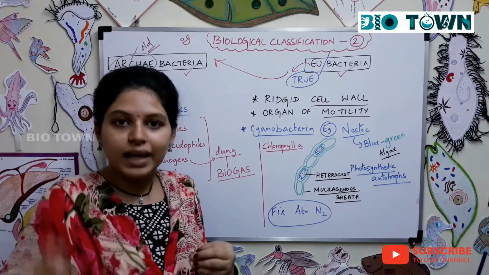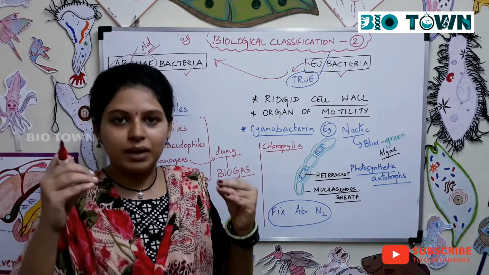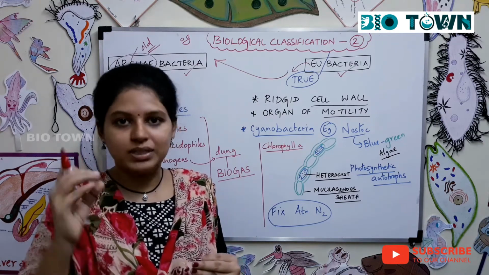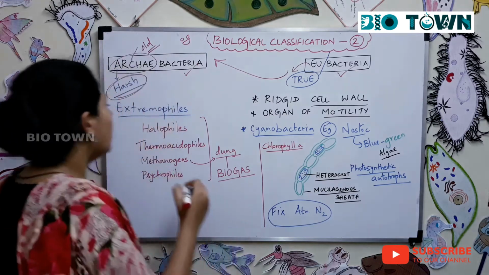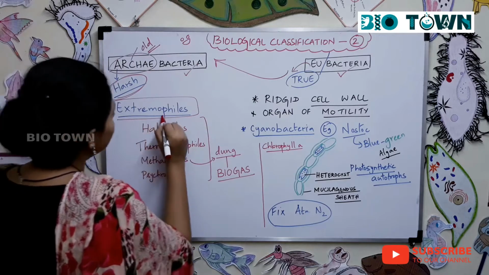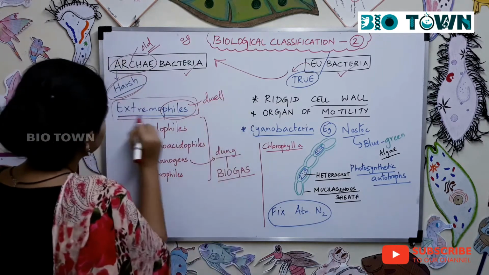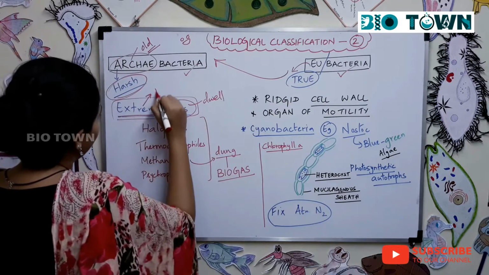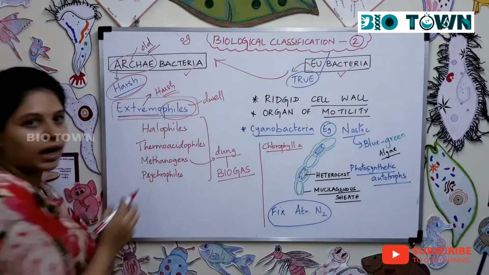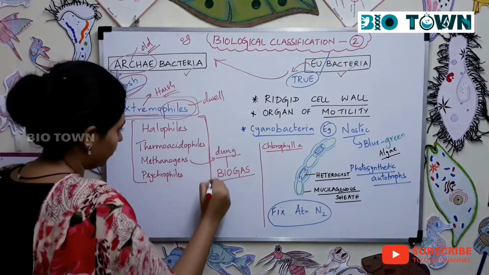In these areas, these bacteria have the hardest cell layer, which makes them survive and metabolize even in such adverse conditions. Now you call these bacteria extremophiles. Phile means to dwell, and extremophiles live in harsh, extreme conditions, right? And now we'll see four important extremophiles.